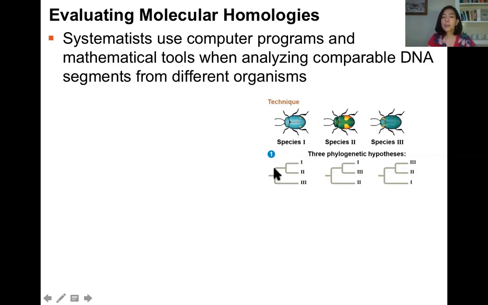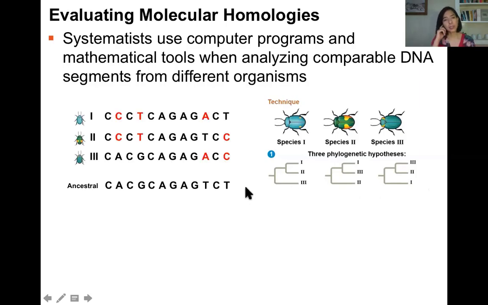So this is what is being represented here. In this first phylogeny, 1 and 2 are sister taxa, and then 3. In this phylogeny, 1 and 3 are the most closely related, and then 2. And in this other one, 3 and 2 are most closely related, with respect to species 1.